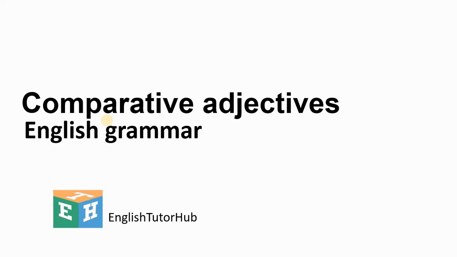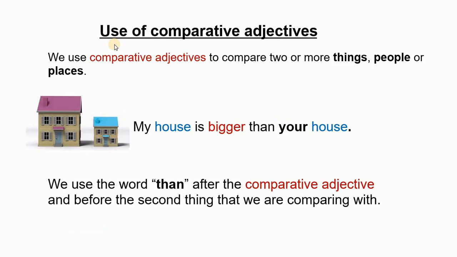Today we are doing an English grammar lesson about comparative adjectives. Let's look at the use of comparative adjectives. We use comparative adjectives to compare two or more things, people or places.